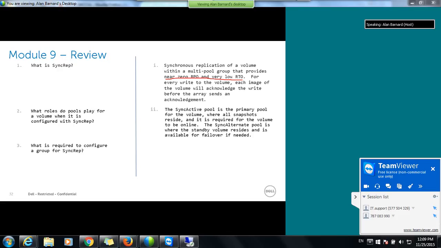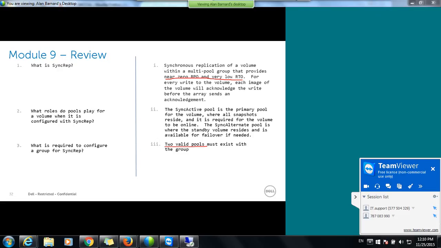What is required to configure a group for sync rep? We already talked about this. Sync rep only works if you have two valid pools. You need to have two pools.